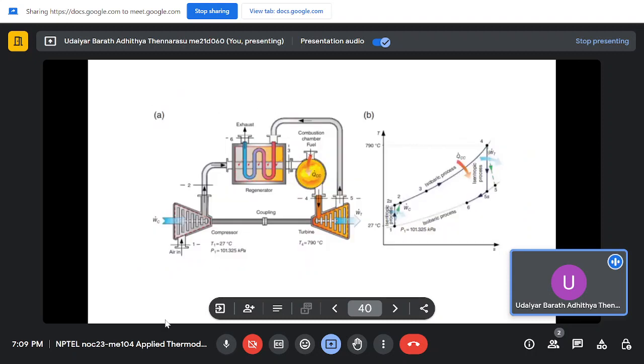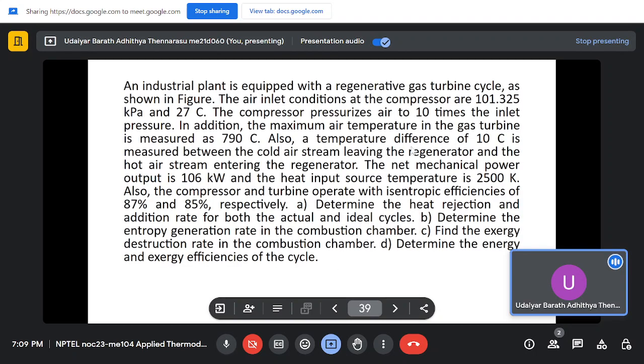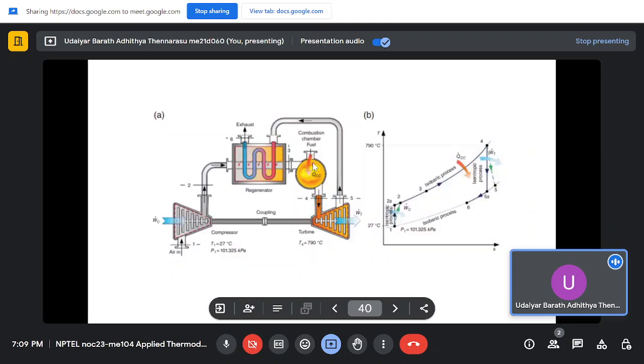Now this is the cycle which has been described in the problem. This is just a regenerator cycle which we saw previously. Here they have given that the temperature difference is 10 degrees Celsius between the cold air stream leaving the regenerator and the hot air stream entering the regenerator, between state T3 and T5.